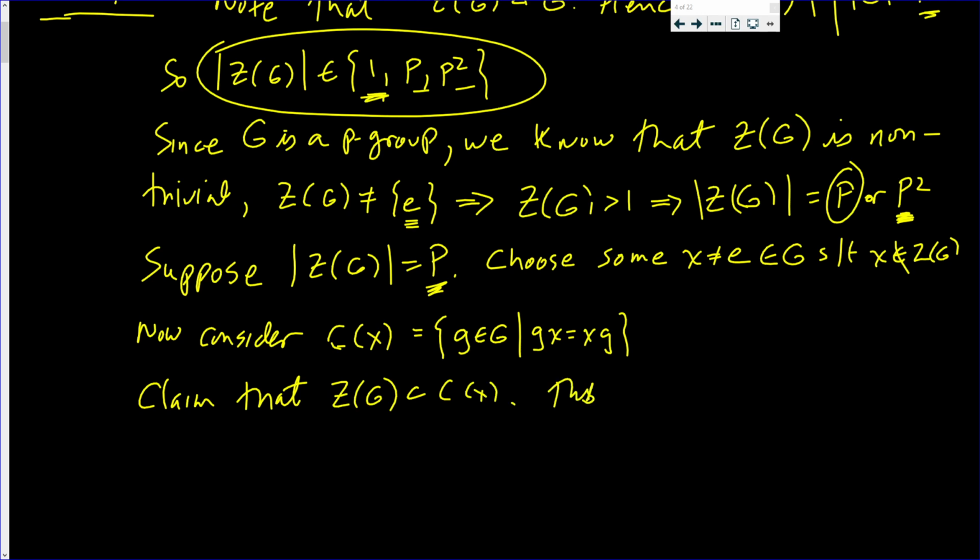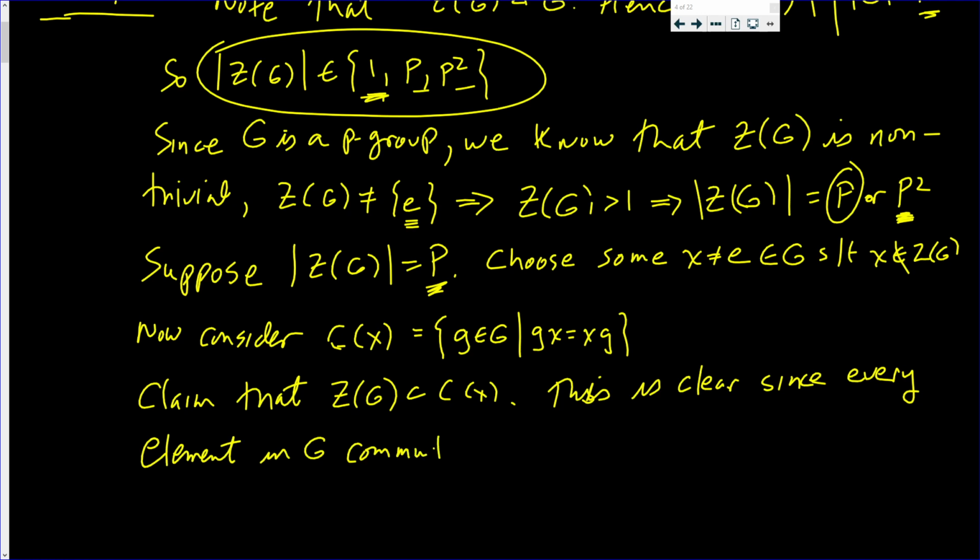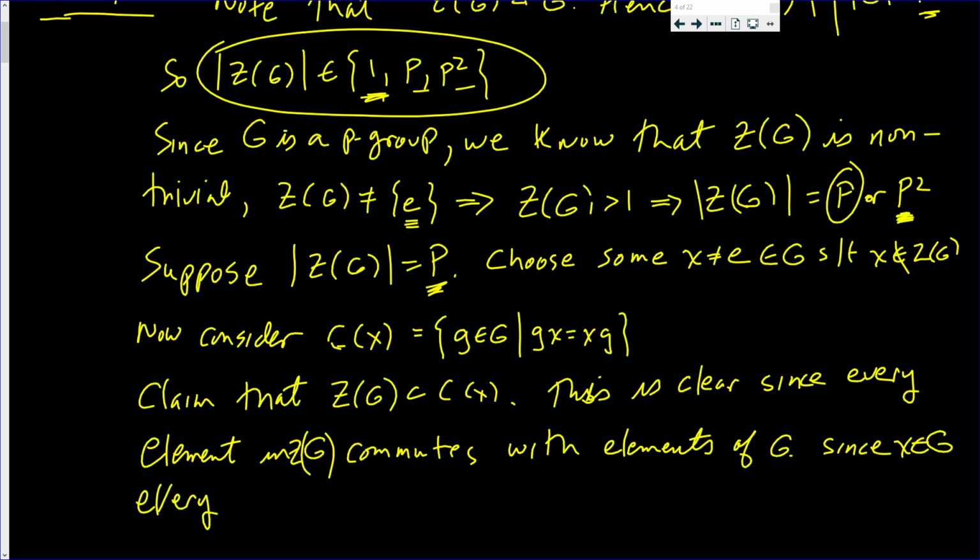Well, this is clear, since every element in the center of G commutes with elements of G. Since x is in G, every element in Z(G) commutes with x.